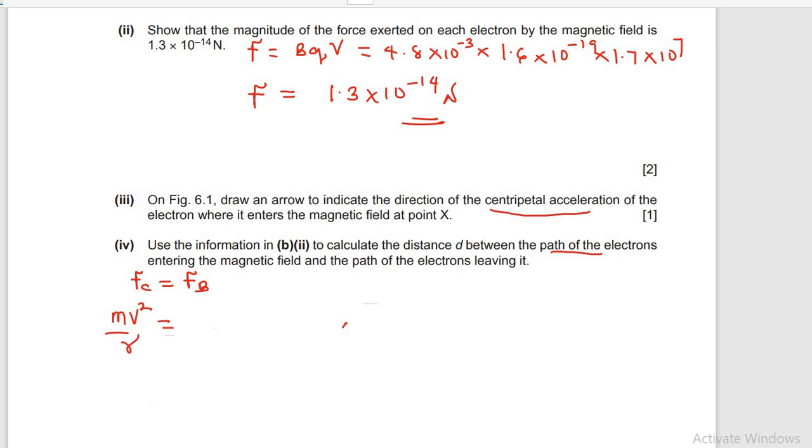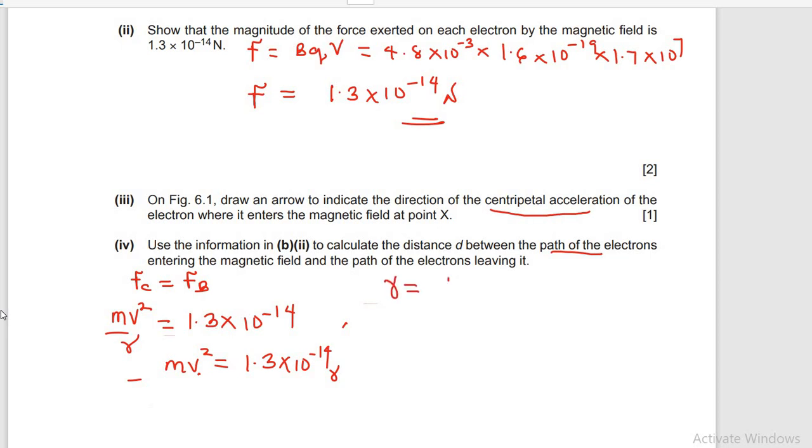So centripetal force is mv squared over r, and the magnetic force is 1.3 times 10 to the minus 14. I'm looking for my radius, so let's cross multiply: mv squared equal to 1.3 times 10 to the negative 14 r.